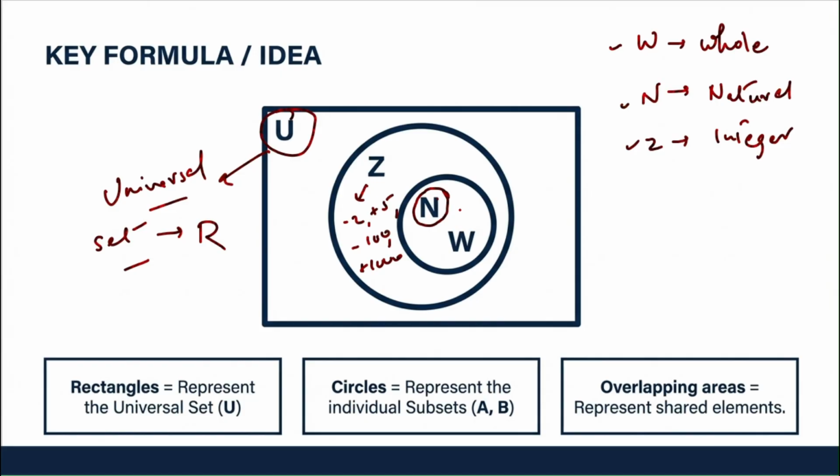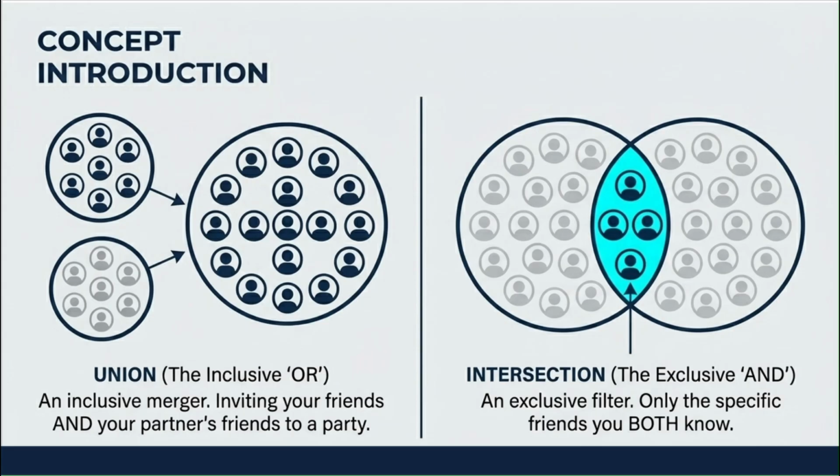We have starting from 1 till all the positive integers, right? So this is how we represent the Venn diagram, where each circle represents a particular subset and their relationship among them, right? As you can see, the circles represent the individual subsets and overlapping areas represent the shared elements. So yes, that is fine.